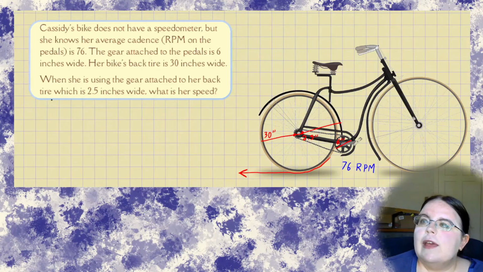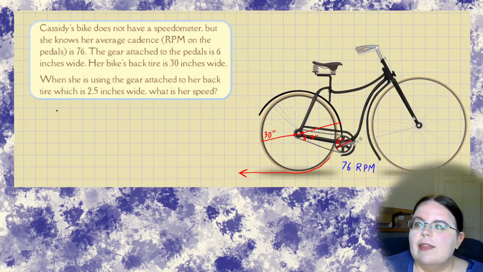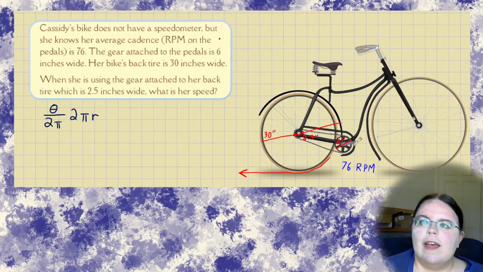So here's one thing I notice. I notice that we always have this fact that if you take an angular motion in radians and put that over 2 pi, and then multiply that by the circumference of the circle, so good old 2 pi r, then you'll have the linear speed of an object that's moving along that arc.